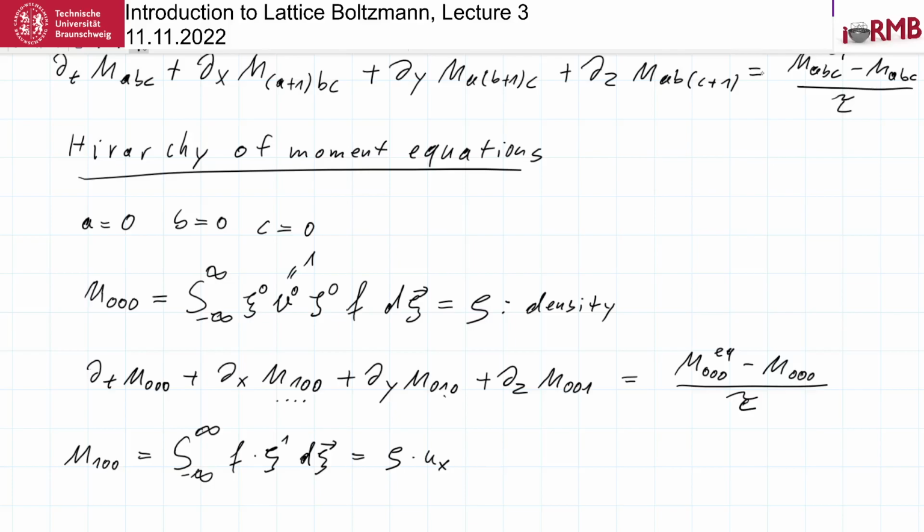Of course, the other ones are the same, just in different directions. So m010 is the y velocity, and m001 is the z velocity.